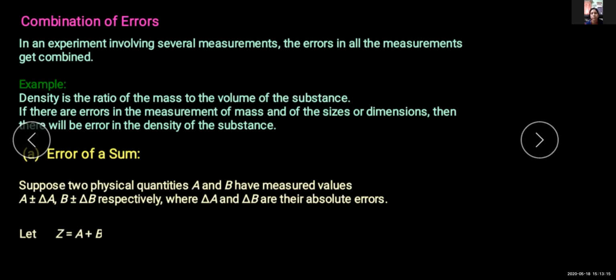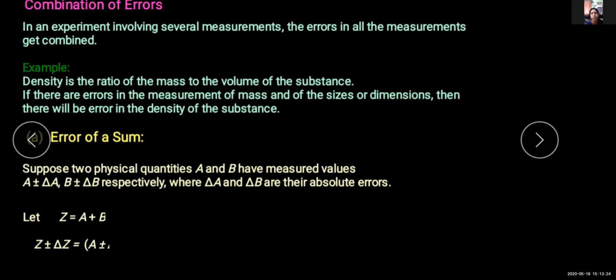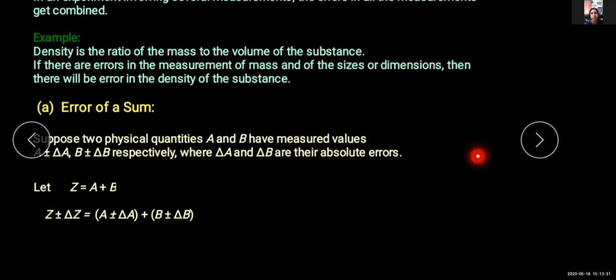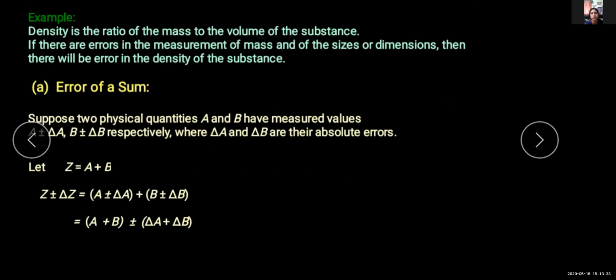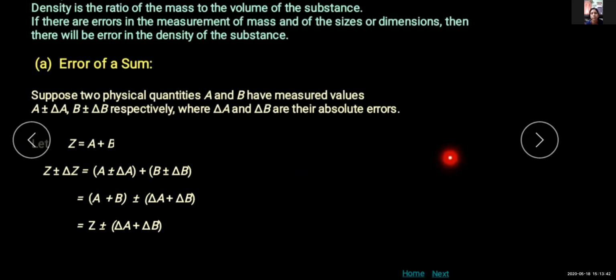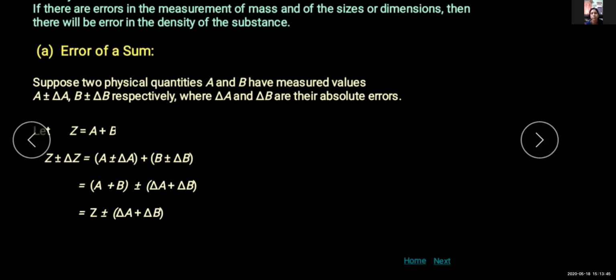So delta A and delta B are their absolute errors. Let Z equal to A plus B. So we can write this equation, Z plus delta Z equal to A plus delta A and B plus delta B. On solving this, A plus B plus minus delta A plus delta B. We know that A plus B equal to Z. So we can write Z plus minus delta A plus delta B.